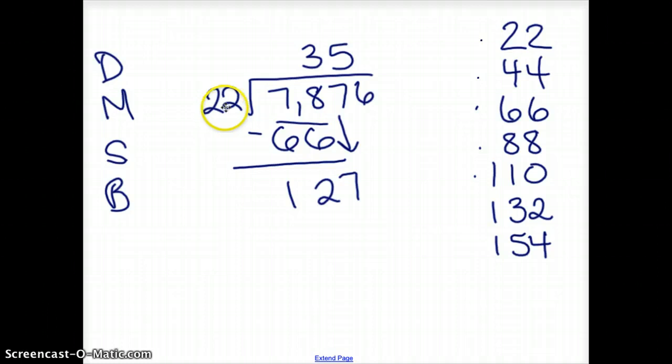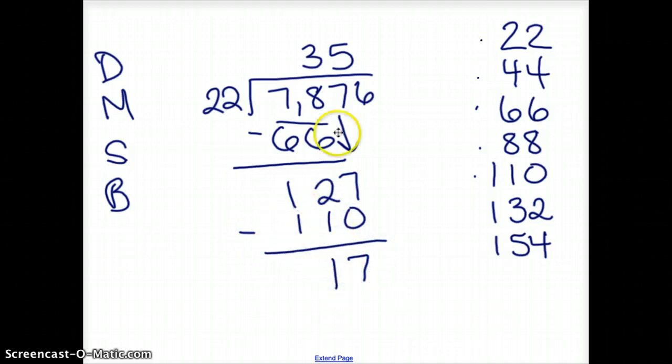Then I multiply 22 times 5, which is 110. Subtract. 7 minus 1 is 1. Then I bring down. It looks like I need to go one more higher.